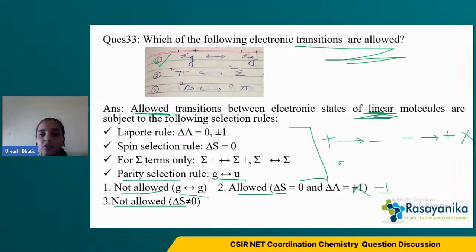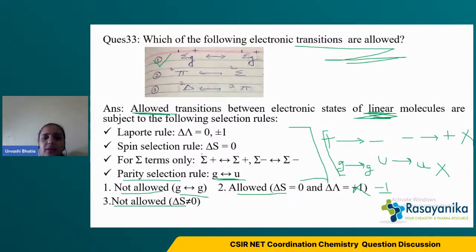Similarly, G to G and U to U is not allowed, right? You can note down this one also. This is not allowed, and I have given here only the allowed ones. These two are not allowed, right?